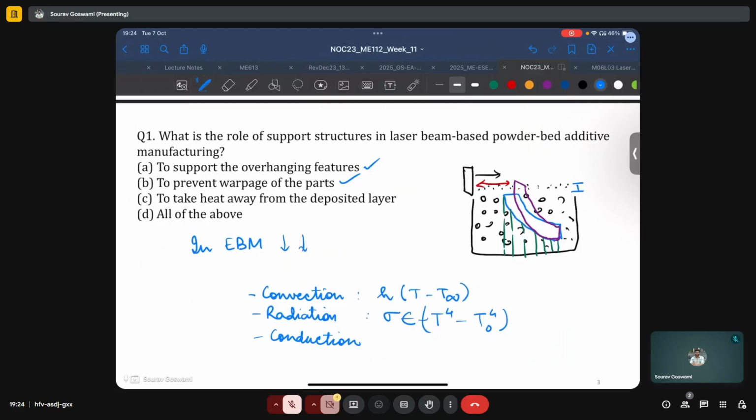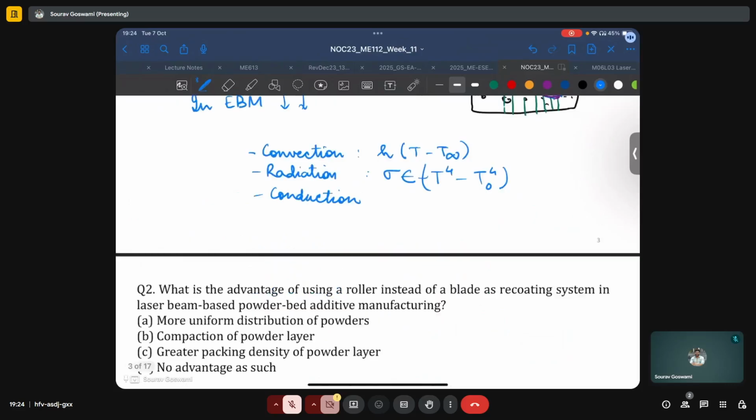And so the heat transfer away from the part is not as effective as in the other cases where we will have, say, a stream of argon gas flowing over the part. And in such processes, especially, the support structures will have this additional very important function of taking away heat from the deposited layer. And so what we can see is that all of the above are the roles of support structures in laser beam based powder bed additive manufacturing process.